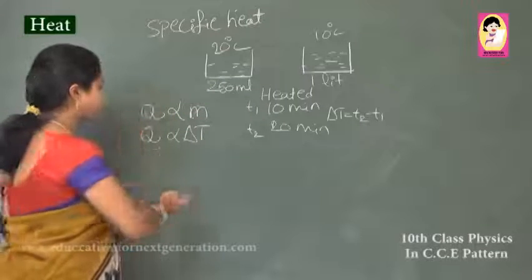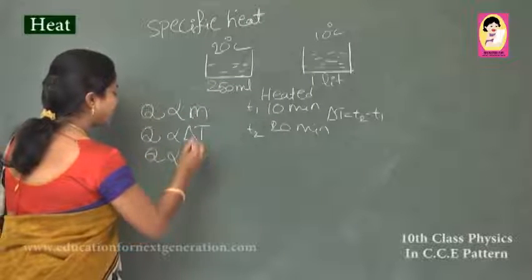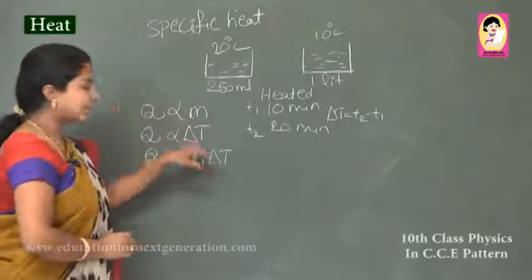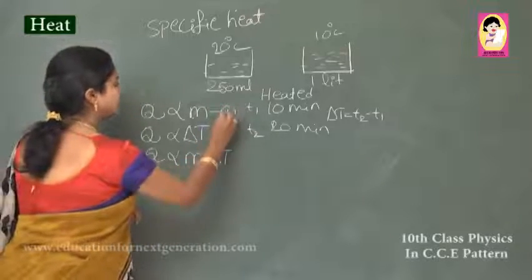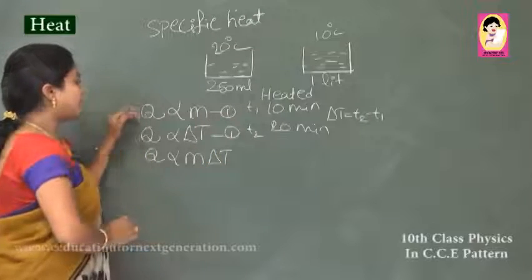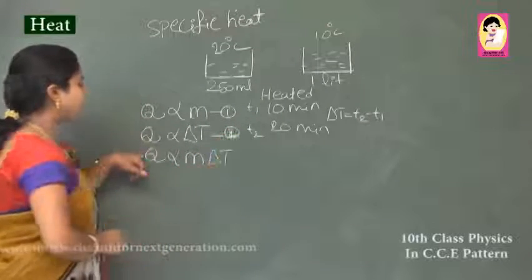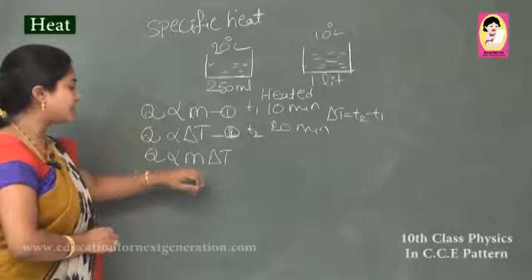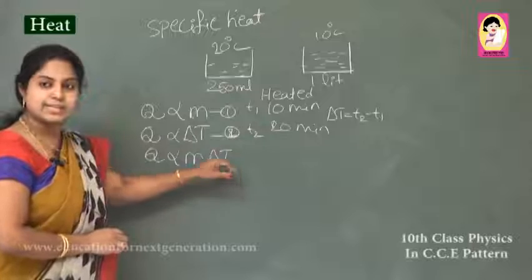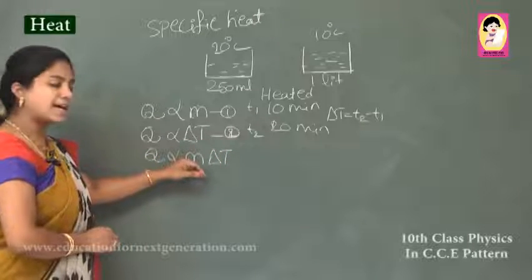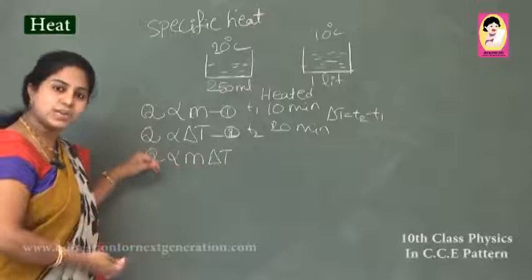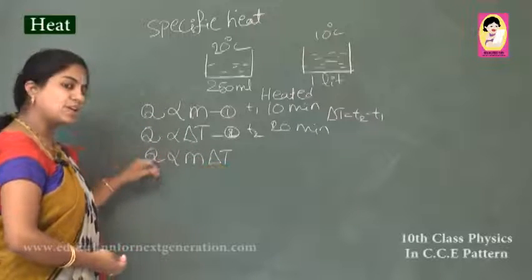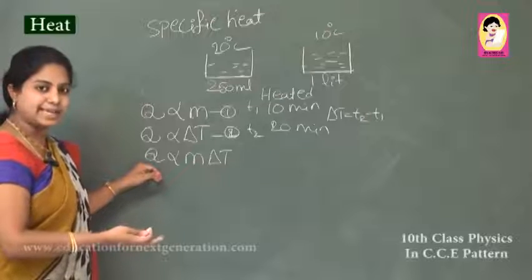From these two statements, consider this equation 1 and this equation 2, we can write Q is directly proportional to M into delta T. If the mass of the solution increases, the heat absorbed also increases, and if the change in temperature increases, the heat absorbed also increases.